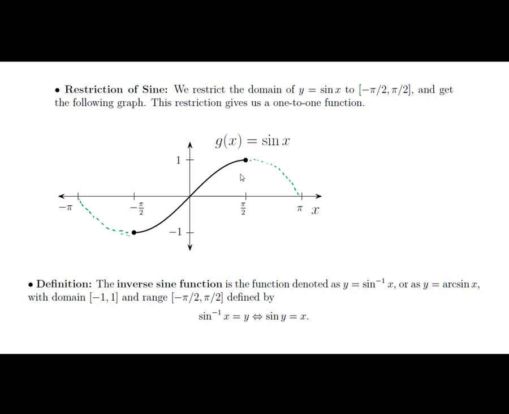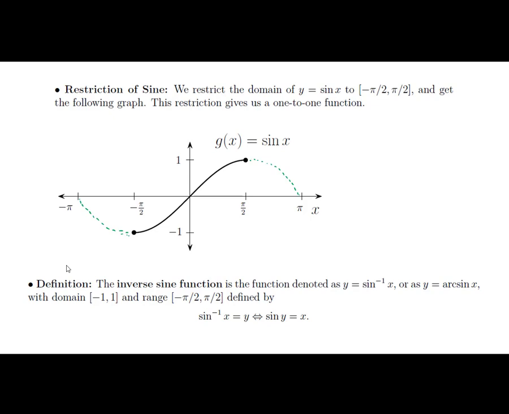It's got multiple x values associated with any particular y value, and in fact it's worse than that, since the sine function continues off forever to the right and to the left. In fact, there are infinitely many x values for any given y value.